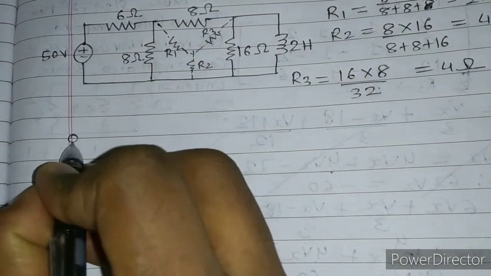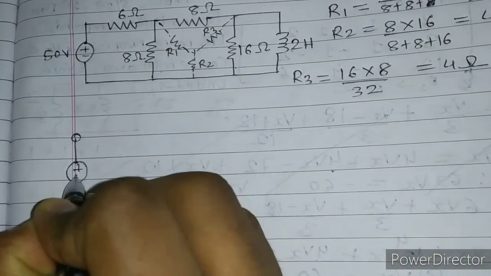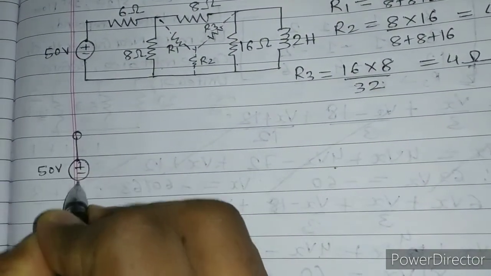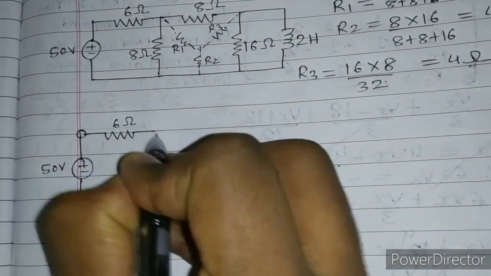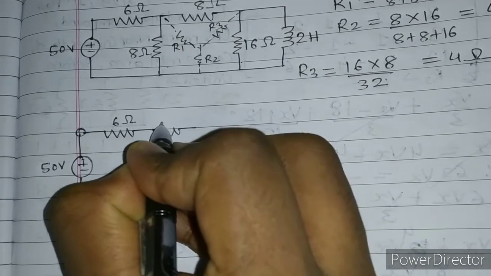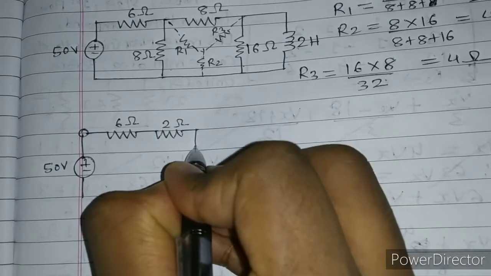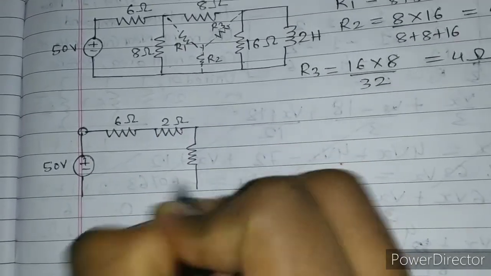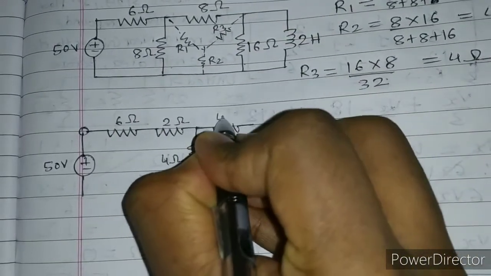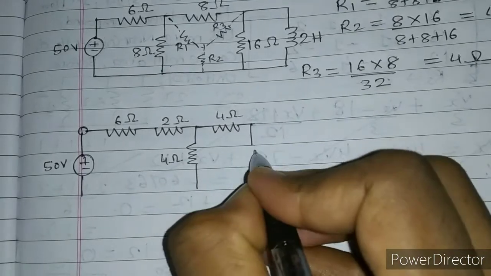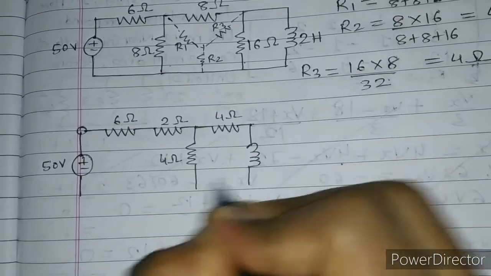So the circuit will be modified as shown. 50 volts over here, this is 6 ohm, then there is this 2 ohms over here, that is R1. Now R2 over here, which is 4 ohms, R3 over here, which is 4 ohms again, and the 2 Henry inductor.